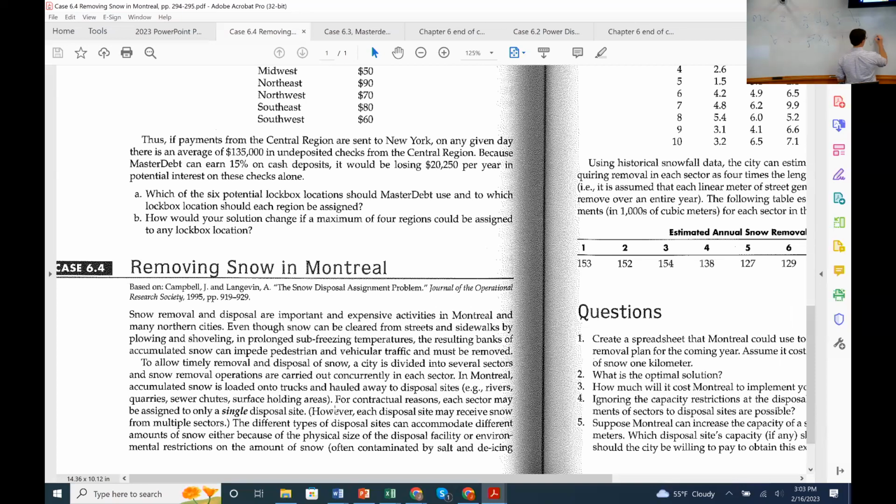And for all disposal sites, summing over the sectors that can send them snow, the amount of snow that is sent has to be less than or equal to the capacity of site j. And the x_ij are binary.